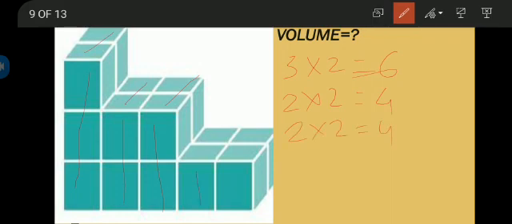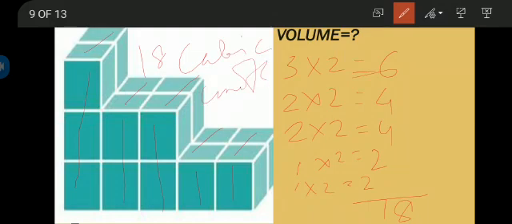Then column wise 1, row wise 2, that means 1 into 2 is 2. Column wise 1, again row wise 2, that means 1 into 2 is 2. So if you add this, 6 plus 4 is 10, plus 4 is 14, plus 2 is 16, plus 2 is 18. That means volume is 18 cubic units.